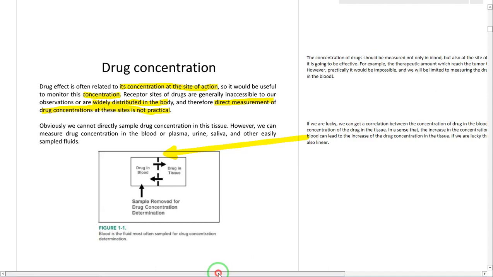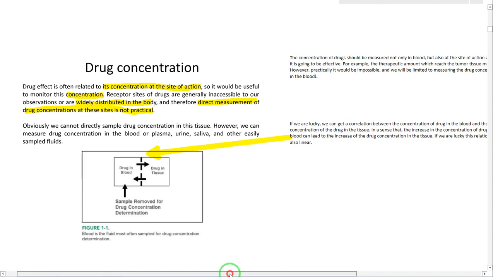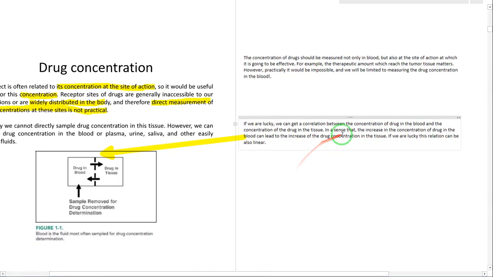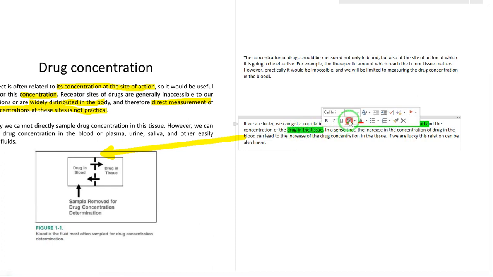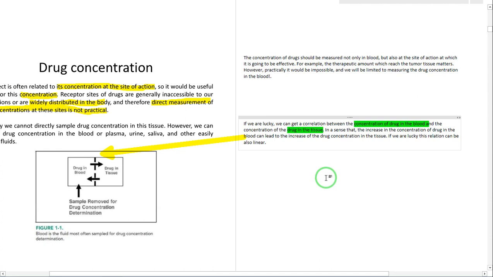But if we are lucky, we can say that we administer a certain concentration of drug within the blood, and we want to realize how much of that drug is going to be accumulated in the tissue that we have in mind.